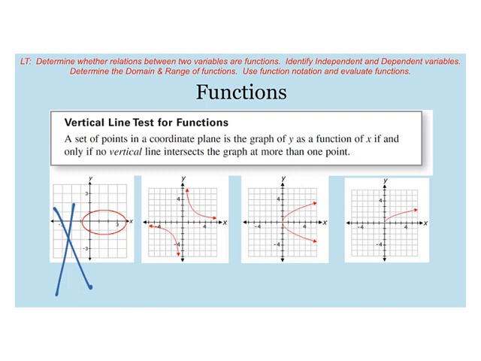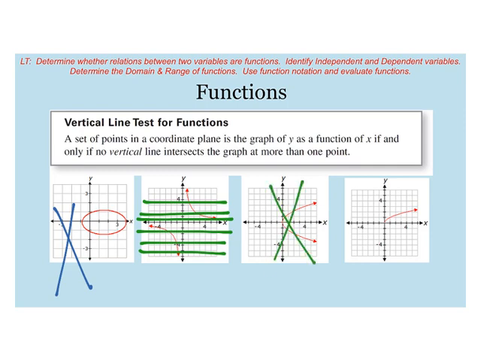Is this second one a one-to-one function? Does it pass the horizontal line test? Okay. And the answer is yes. Yes, it is. Okay. This was not a function, so obviously it can't be one-to-one.